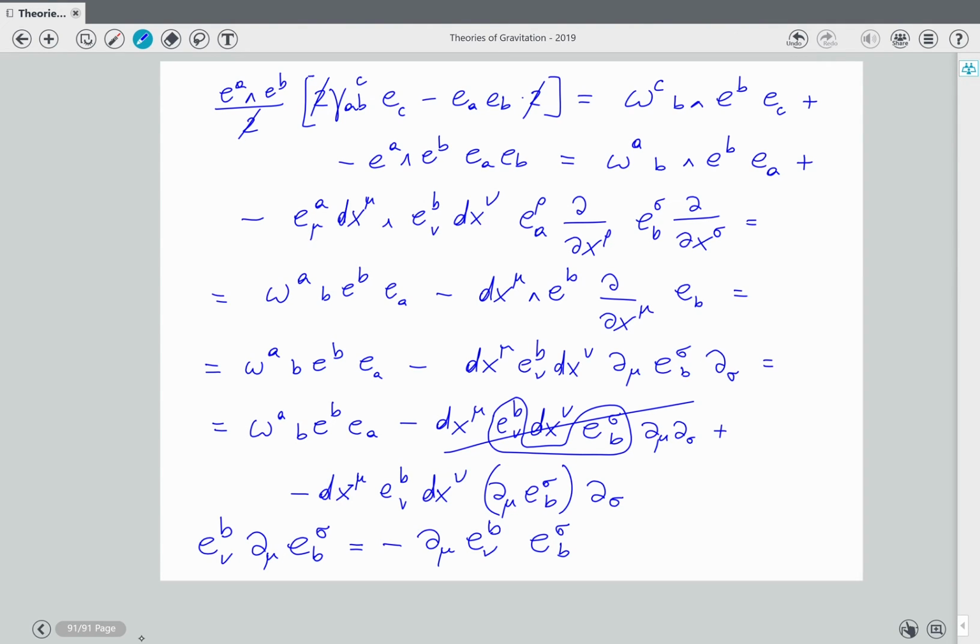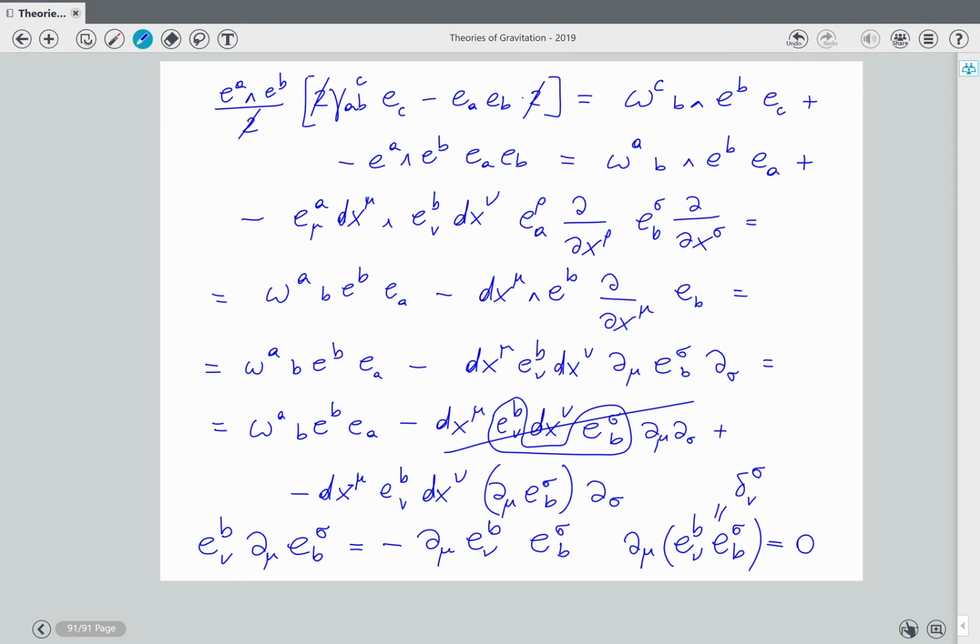So if you move this to the left hand side, you have partial mu EB nu E sigma B, which is of course 0 because this is the delta sigma nu.